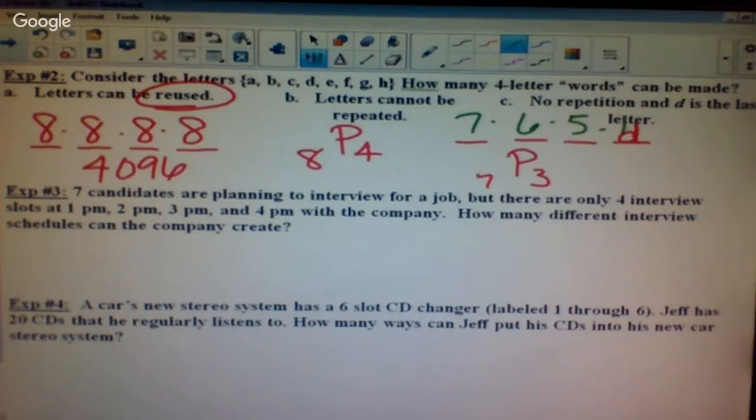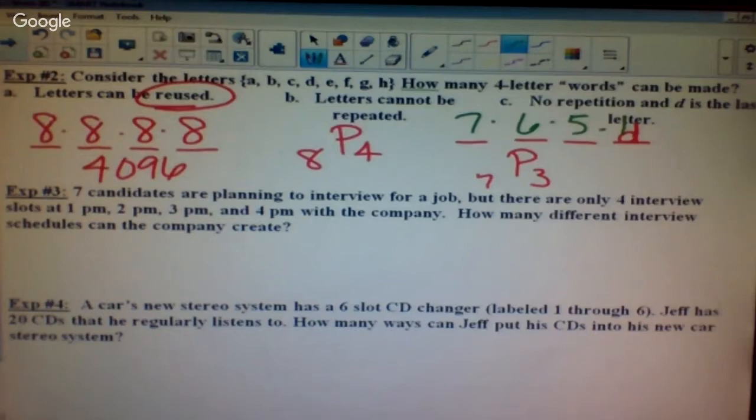Okay, example 3. 7 candidates are planning to interview for a job, but there's only 4 interview slots: 1 p.m., 2 p.m., 3 p.m., 4 p.m. with the company. How many different interview schedules can the company create? Why is this a permutation though? Because this is a schedule. You can't have every candidate for every time slot.